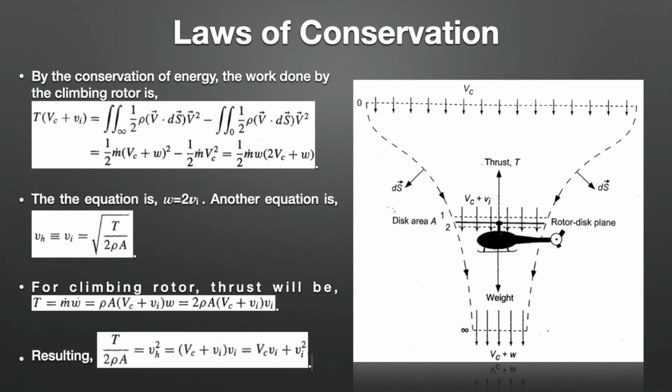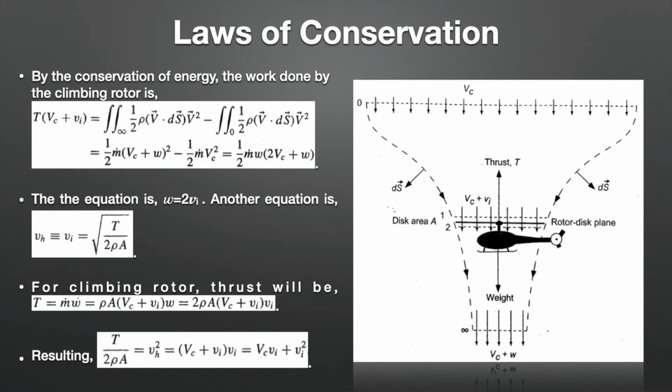Now this results in T by 2 rho A, that's equal to Vh square, is equal to Vc plus Vi into Vi, that is equal to Vc Vi plus Vi square.